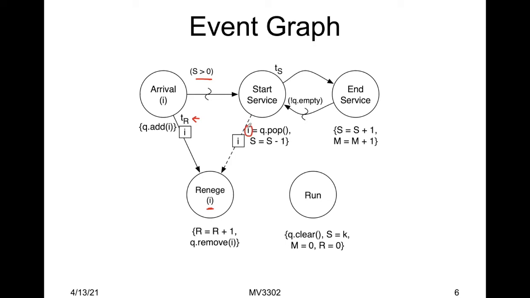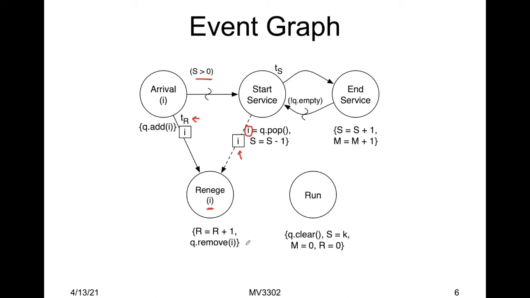So this I that I popped off, that's the ID of the customer. And since it had previously been added when that customer arrives, that means that there is an I on the queue. And so when I cancel this, this says, find the renege event whose value is this one, and just remove it.